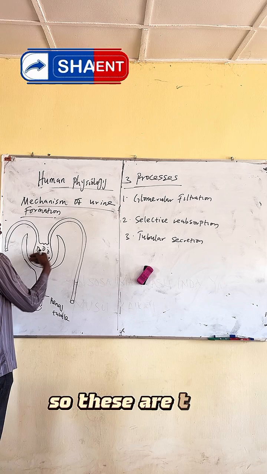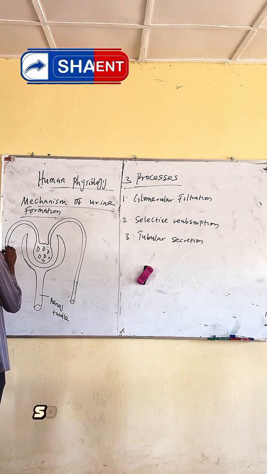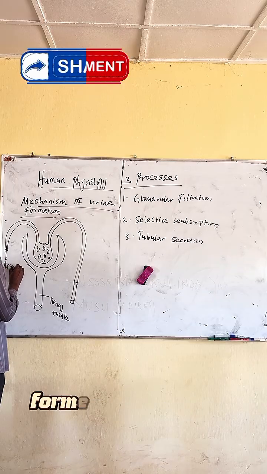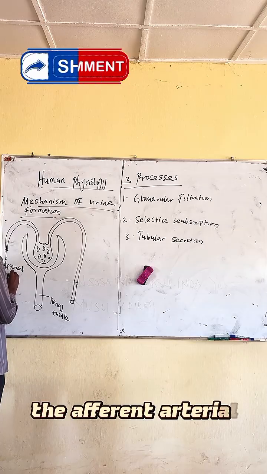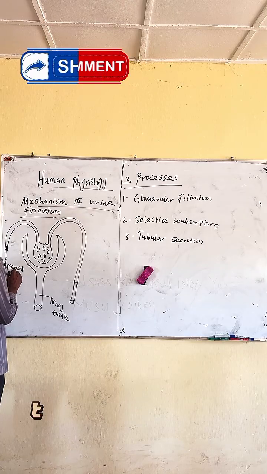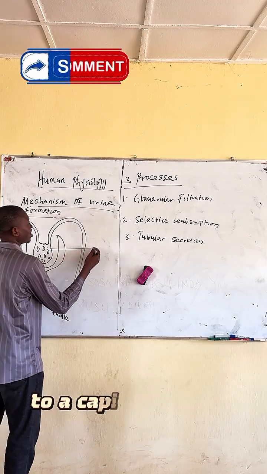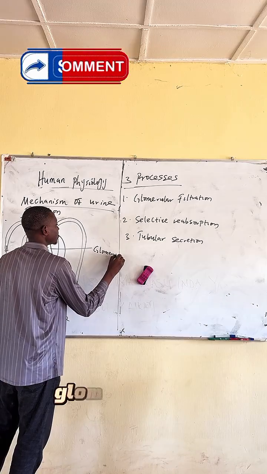So these are the blood vessels of the kidney. This right here is the afferent arteriole formed by the renal artery. The afferent arteriole gives rise to a capillary known as the glomerulus.